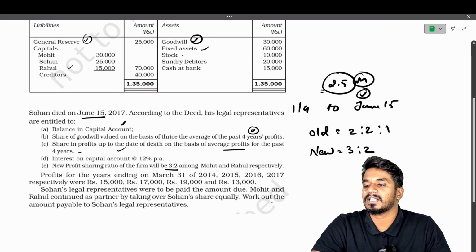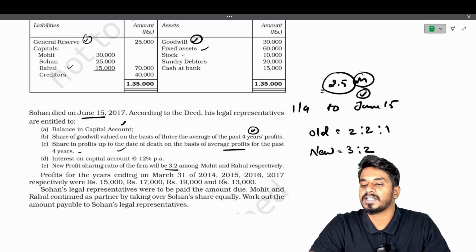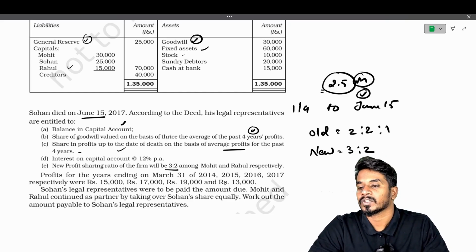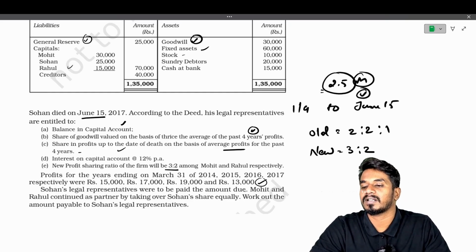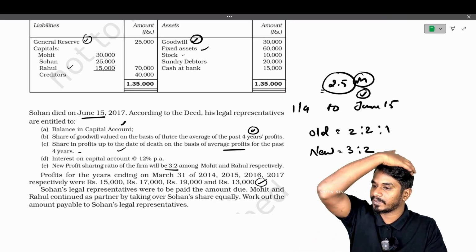Profits for the years ending March 31st, 2014, 15, 16, 17 respectively were 15,000, 17,000, 19,000 and 13,000. This is the profit of the last 4 years, and we have to find out the average profit out of it.